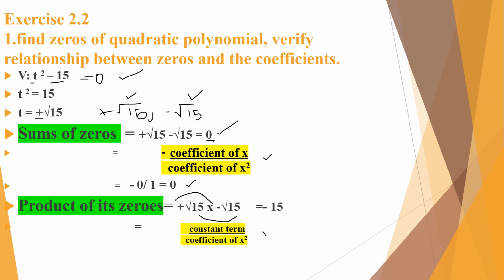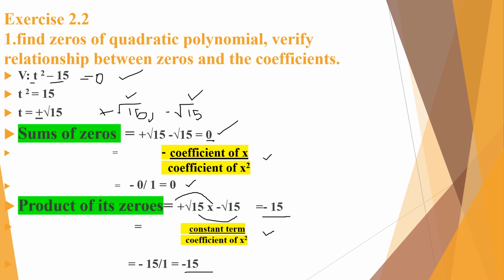Substituting in the equation, the constant term is minus 15 and the coefficient of x square is 1. Minus 15 divided by 1 is equal to minus 15. Both values are minus 15, so it got verified.